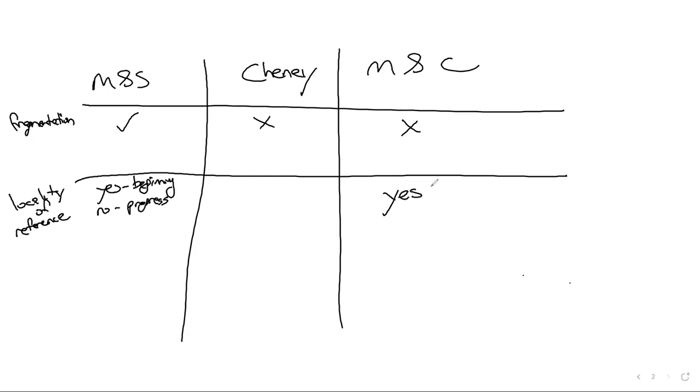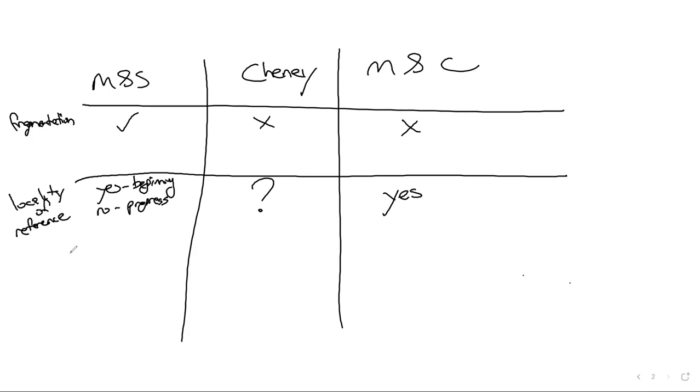What about Cheney? Well, memory that's allocated together will actually be continuous. But when they're copied afterwards from the from-space to the to-space, that could change. So this is actually a question mark. It's not very clear if we have locality of reference or not.